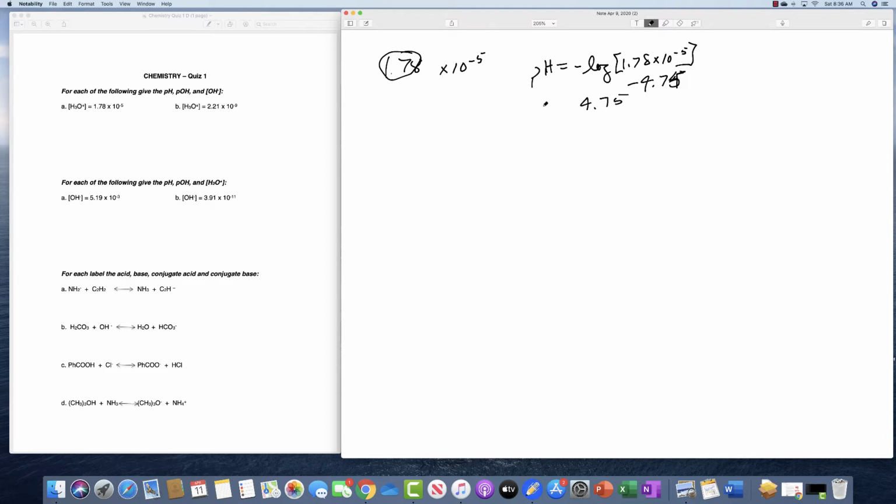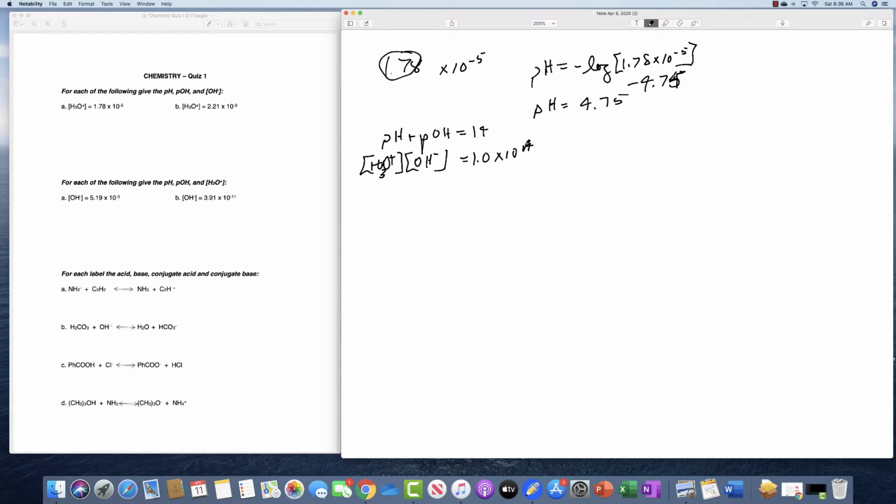So that's the pH. The easiest way to calculate the pOH in this situation is to realize that pH plus pOH has to equal 14, because the concentration of the hydrogen ions times the concentration of the OH ions has to equal 1.0 times 10 to the minus 14.